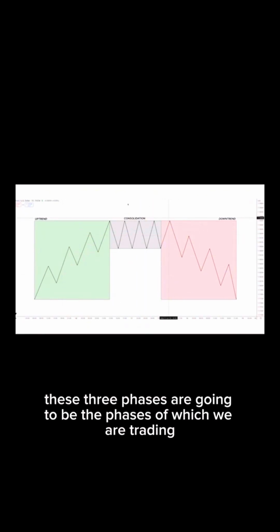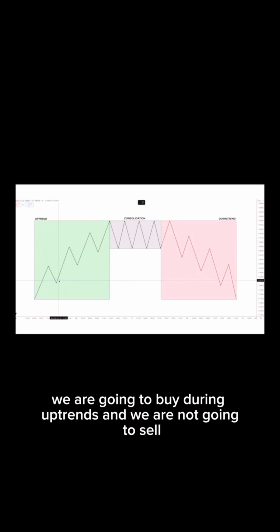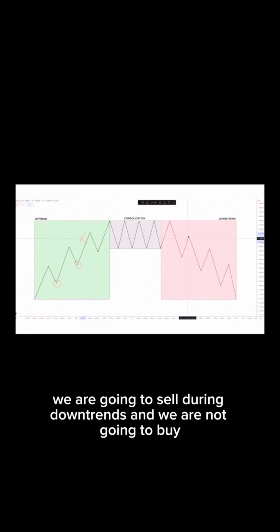Now, these three phases are the phases in which we are trading. We are going to buy during uptrends and we are not going to sell. We are going to sell during downtrends and we are not going to buy.